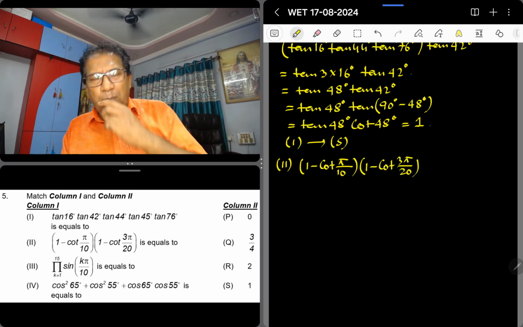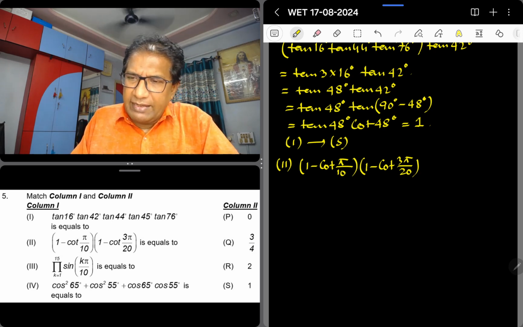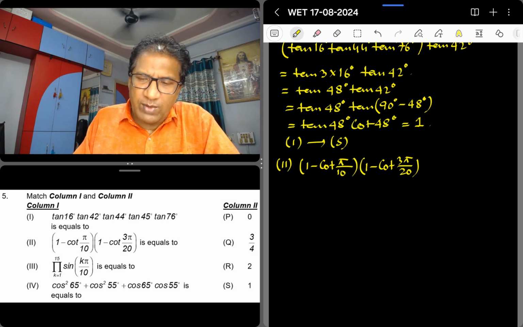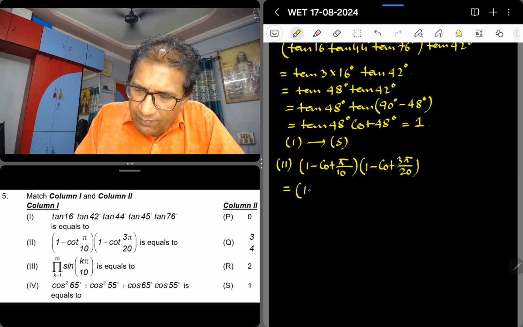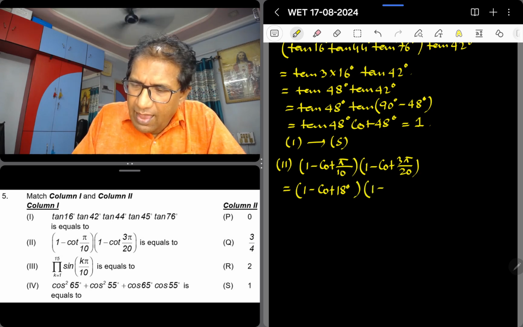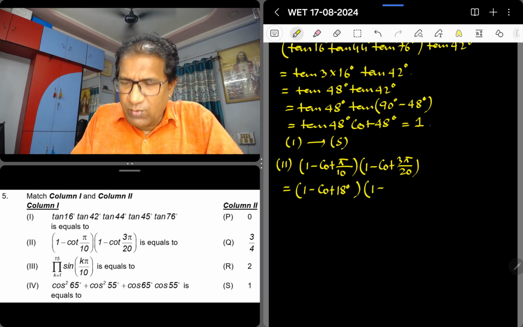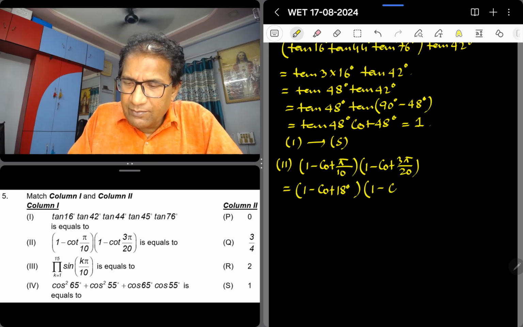So 1 minus cot pi over 10 into 1 minus cot 3 pi over 20. Now, pi over 10 is 18 degrees, and 3 pi over 20 is basically cot 27 degrees.